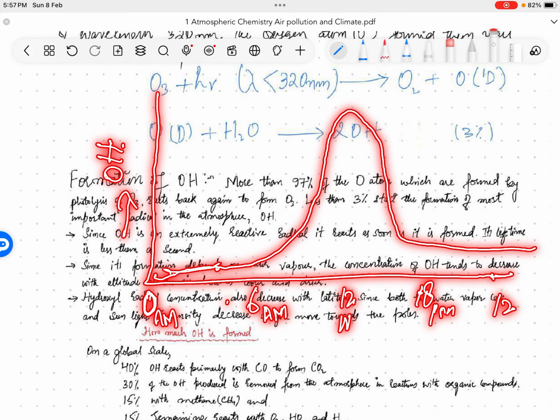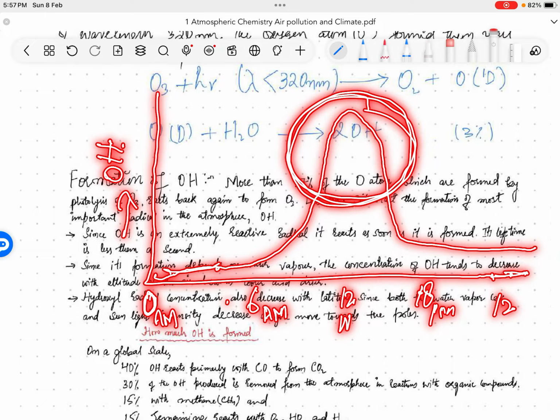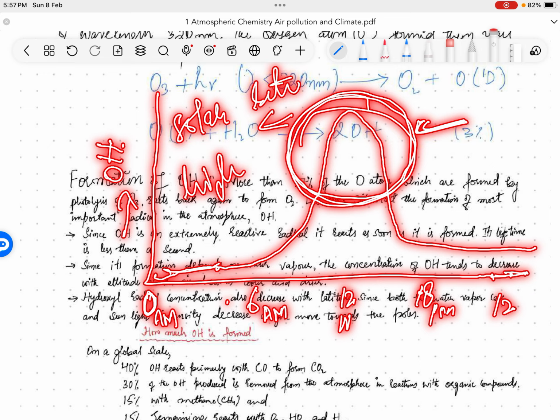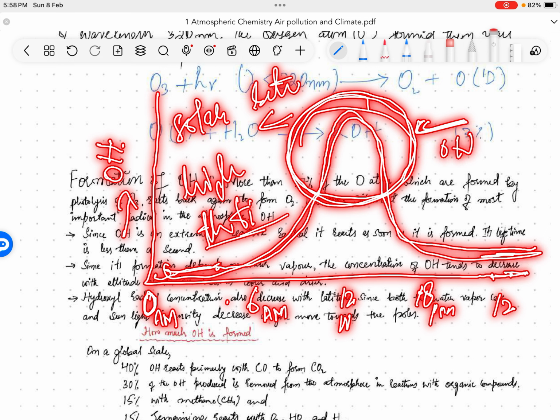The concentration of OH radical would be high around noon and afternoon. Why? Because the solar radiation is high during these times. So this would be the trend of OH radicals in the atmosphere for 24 hours.